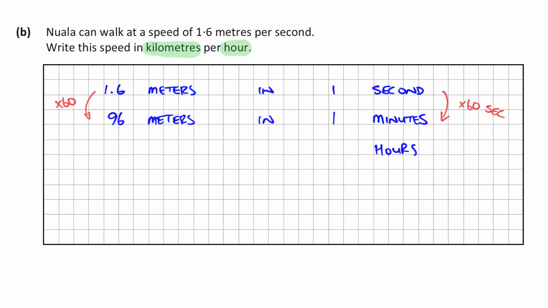So the next thing we need to do is find out how many of them she can do in an hour. So to convert from minutes to hours, there's going to be 60 minutes in an hour. So again, I'm going to have to times that by 60. And the reason being because there's 60 minutes in an hour. Seconds per minute, and 60, this is minutes per hour.